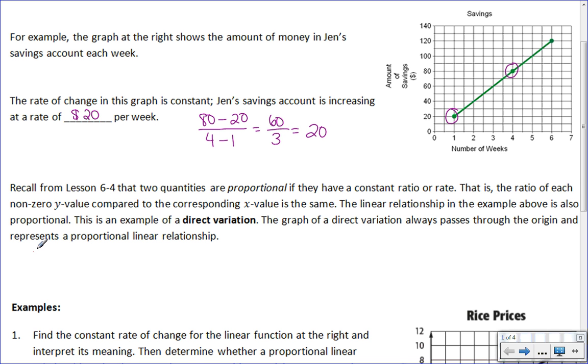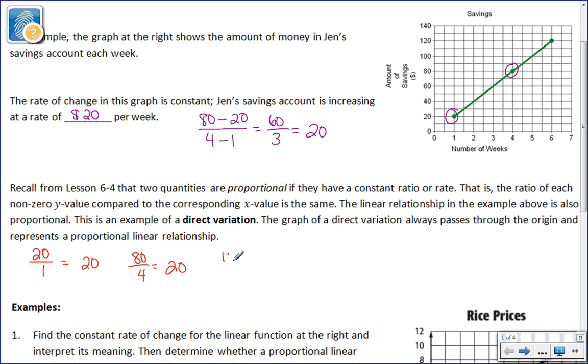So let's check that. We did 20 divided by 1. That would equal 20. So this point has a ratio of 20. Here we have 80 and 4. So 80 divided by 4. That's also 20. So that's looking very promising. And then the last data point on the graph, 120 and 6.